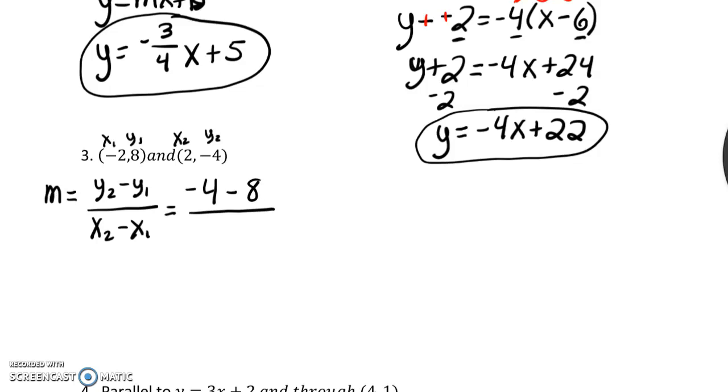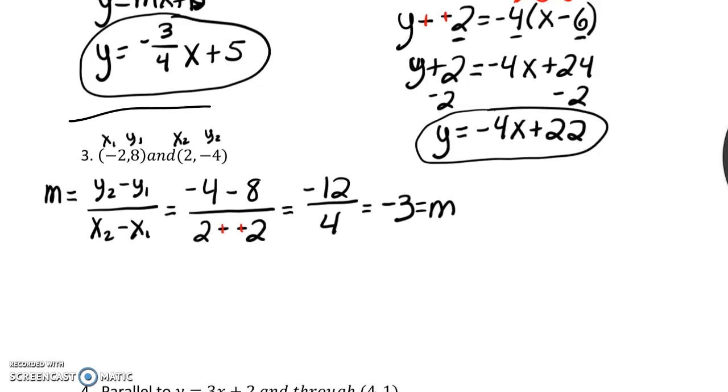That's me subtracting my y's. And on the bottom, I'm going to take 2 minus -2. That's me subtracting my x's. Now keep in mind on the bottom here, if we're subtracting a negative, we're adding. So on the top, I get -12. And on the bottom, I have 4, giving me a slope of -3. So that is my slope for this question here.